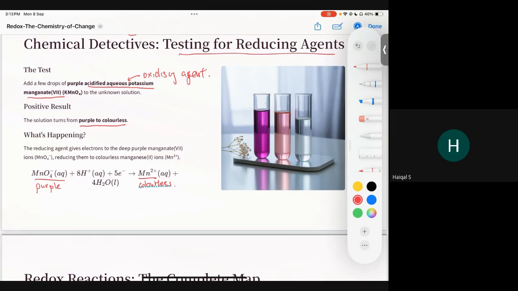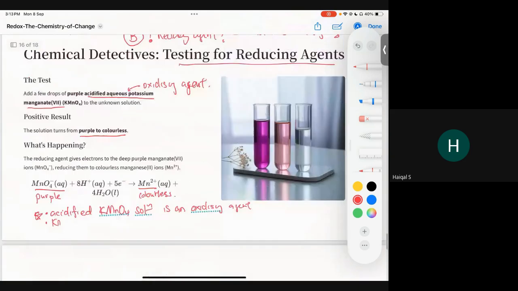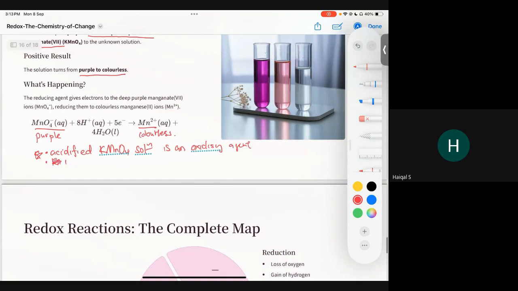So just to wrap up: acidified KMnO4 solution is an oxidizing agent. That's the first sentence. The second sentence is that it is used to test for reducing agent.